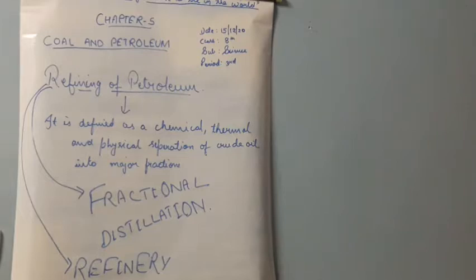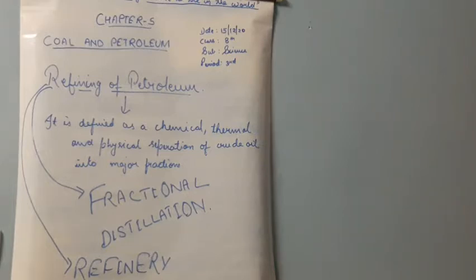For coal we have studied about which process? We have learned the destructive distillation process for coal, but for petroleum we have to learn about fractional distillation. And as the name suggests, fractional.